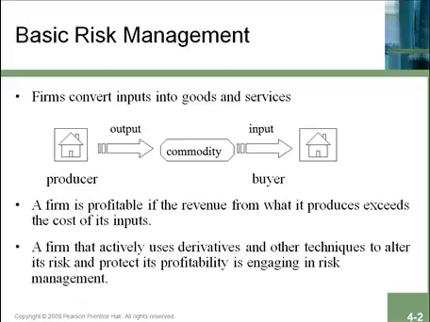And that, of course, is going to depend on whether the firm is a producer of that commodity or a user of that commodity. So we're actually going to look at both viewpoints. But a company that actively uses derivatives in order to reduce its risk with respect to the price of those underlying commodities, that firm is engaging in risk management as we have defined it.